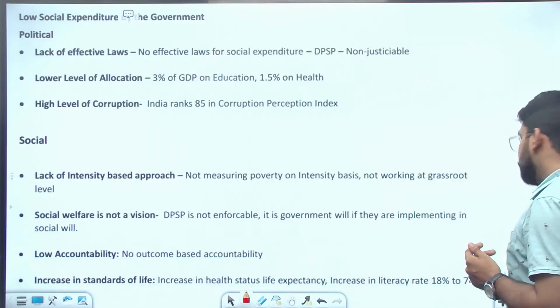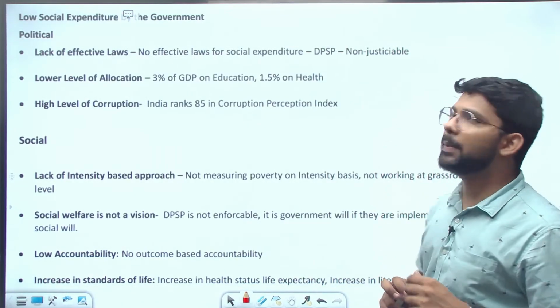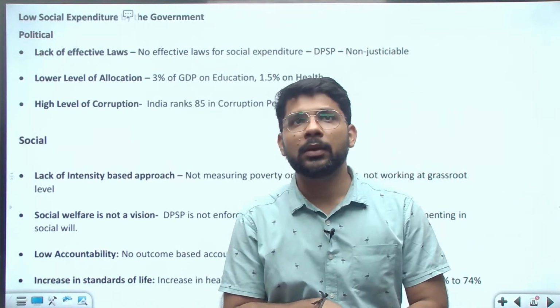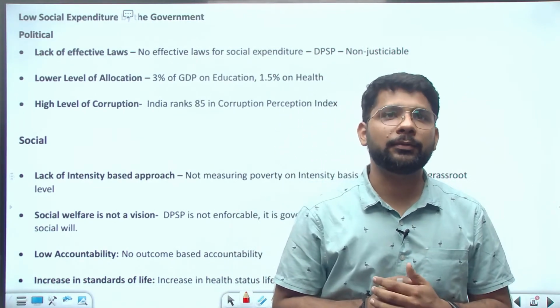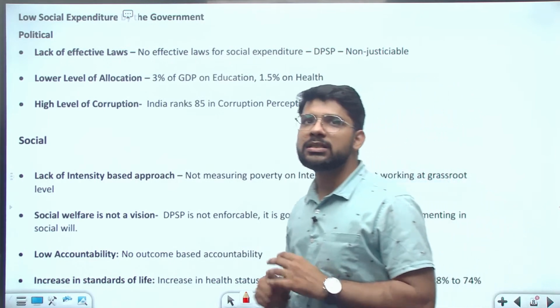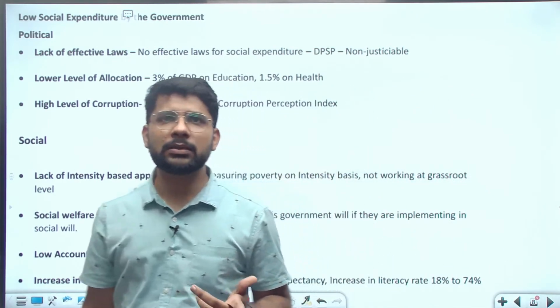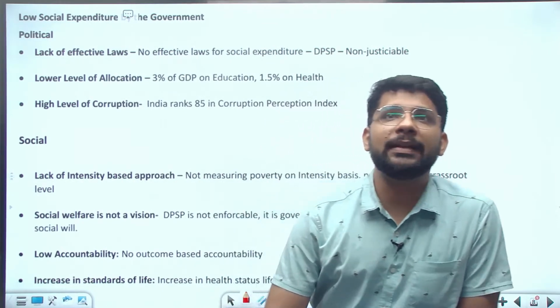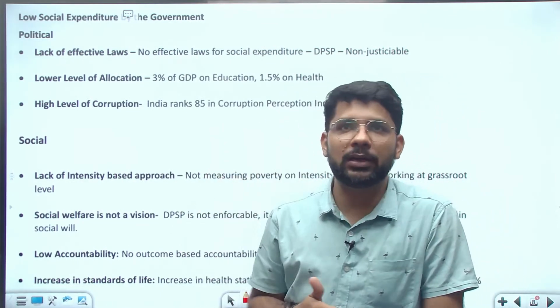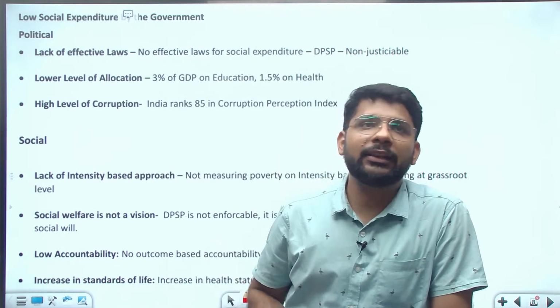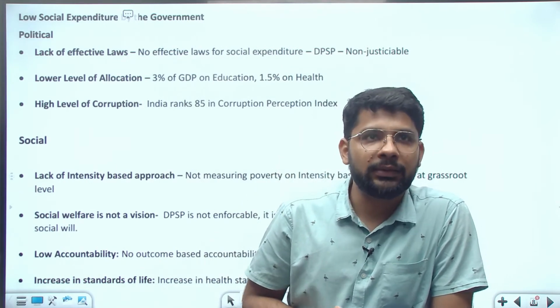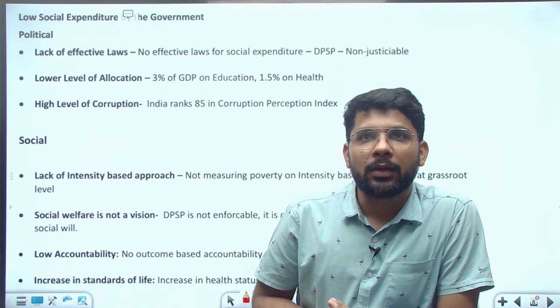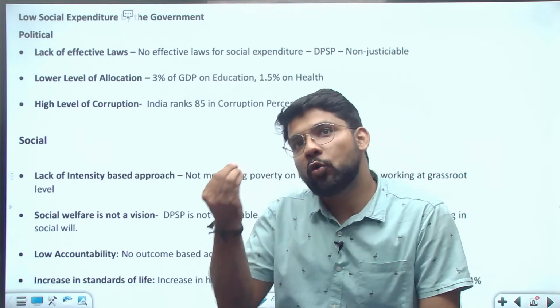So coming to the low social expenditure by the government, first is the political part. The political part can be divided into multiple parts. The lack of effective law: social expenditure is mentioned in the Directive Principles of State Policy, DPSP, and the DPSP are not enforceable.